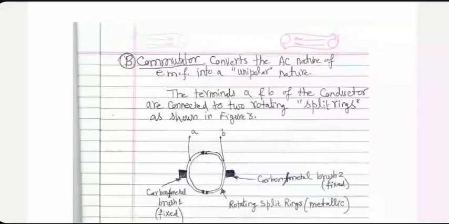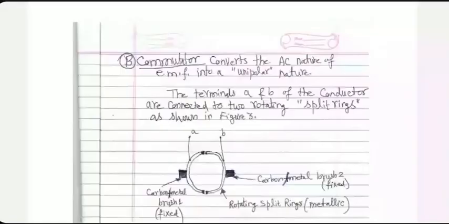Now, for the positive half cycle, the connection would be as shown. Small a is connected to the leftmost ring and small b is connected to the rightmost ring. Now, when you enter the negative half, at the same time, these also switch their positions.